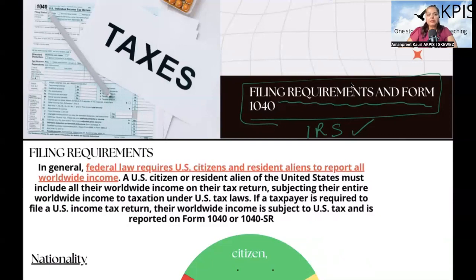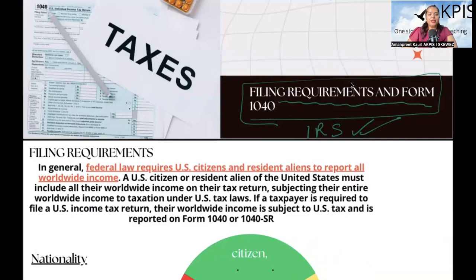Now you must be astonished and amazed to listen to this. Someone residing in the United States of America is supposed to pay tax and comply with the norms of the IRS and US taxation. If he is earning money in the United States, he is supposed to pay taxes there. But what about persons who are not in the United States?